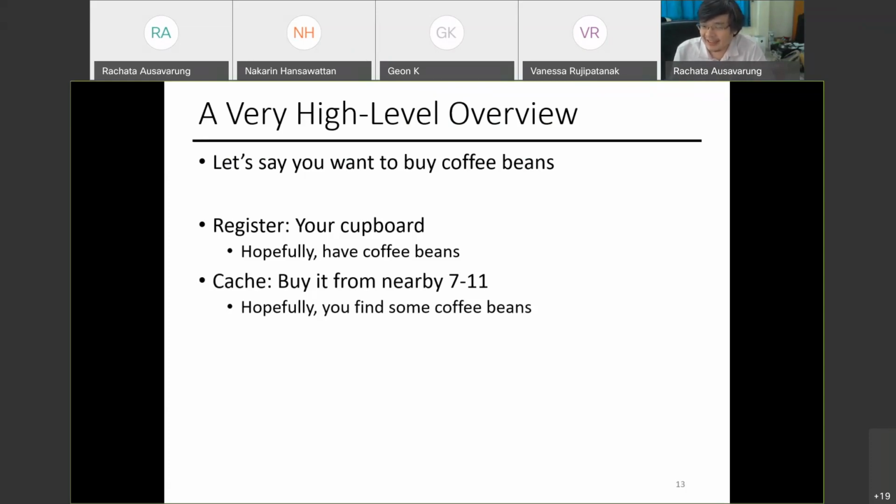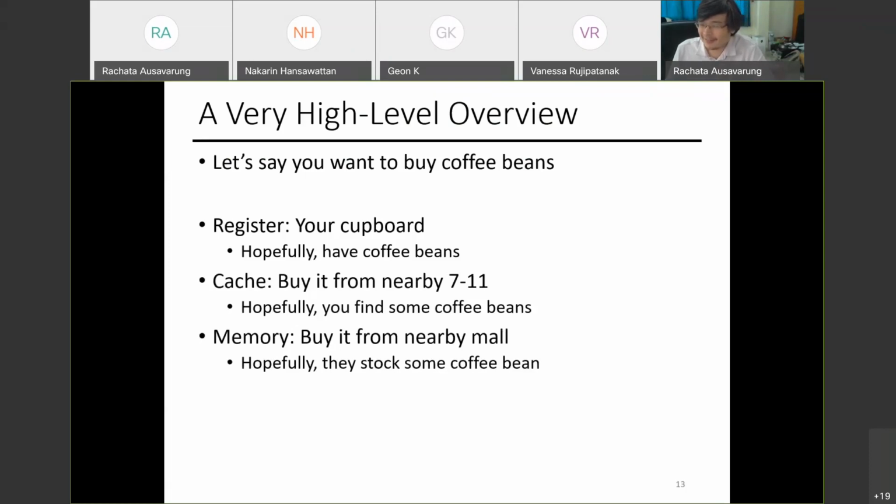That's the cache. If the nearby market or 7-Eleven doesn't have the item, then you need to go to a bigger outlet, like a mall, Big C, Lotus, or Central, or whatever is closer around your area.